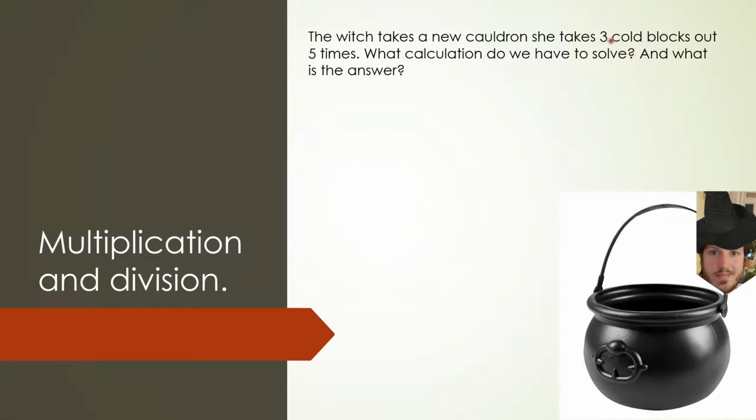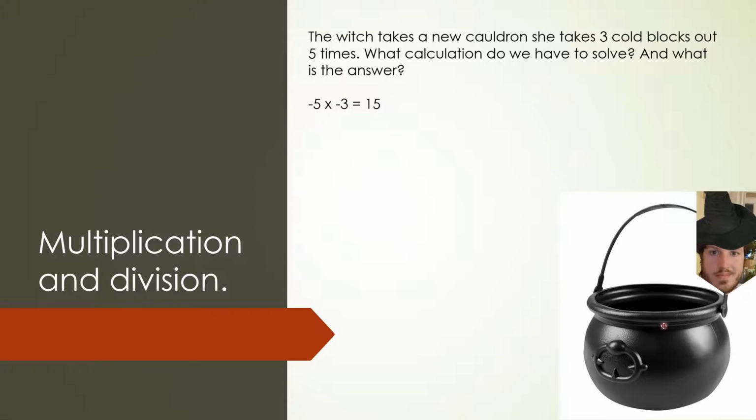Cold blocks are negative, so this 3 becomes a minus 3 in the calculation. The 5 says something about taking out the blocks. Taking something out is also a minus calculation. For example, if we take out 5 blocks, it's minus 5. The calculation therefore becomes minus 5 times minus 3, because it's a multiplication.